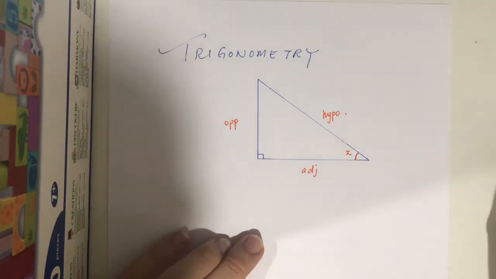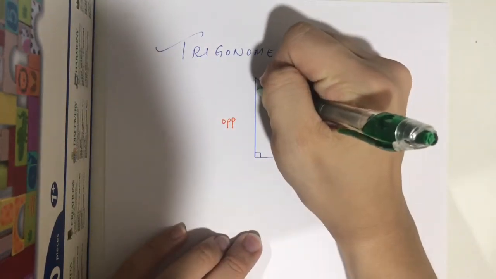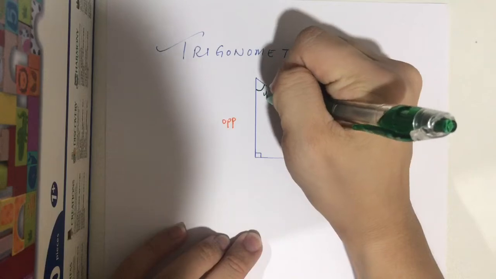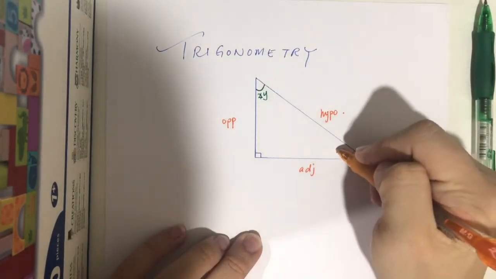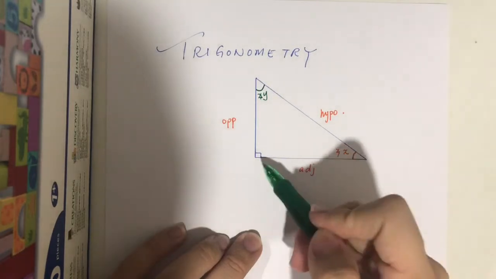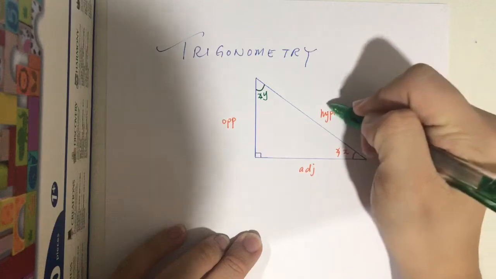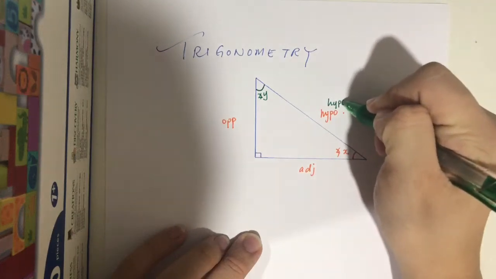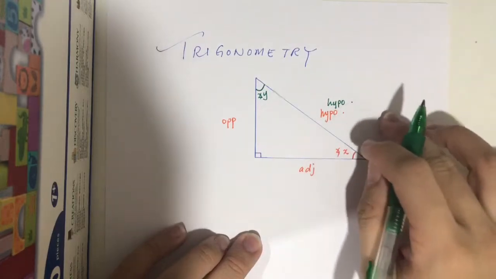Okay, so another angle, this angle, angle Y. Same thing, we look at the right angle. Right angle opposite is hypo. So you can see that no matter which angle you are looking at, the hypo is always the same.